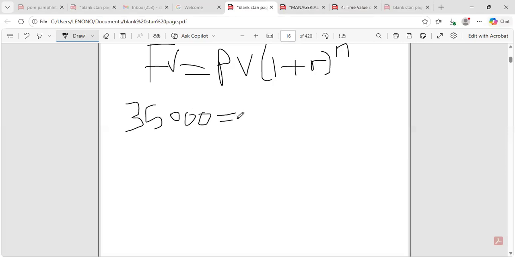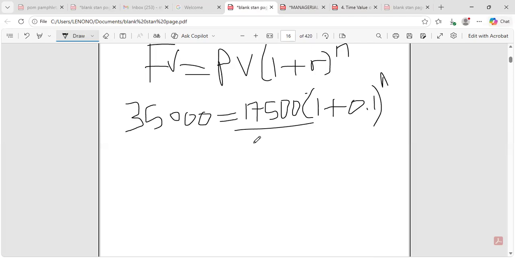Which is equal to 17.5 then 1 plus 0.1 to the power n.